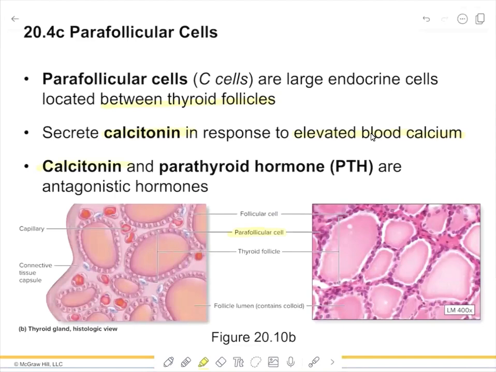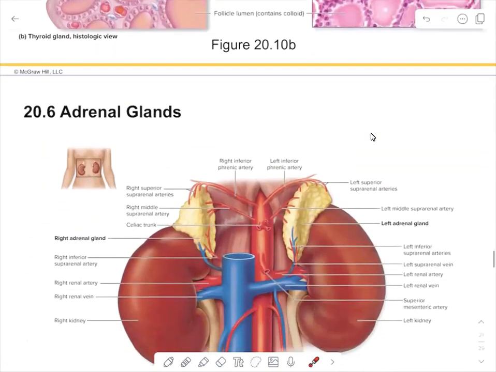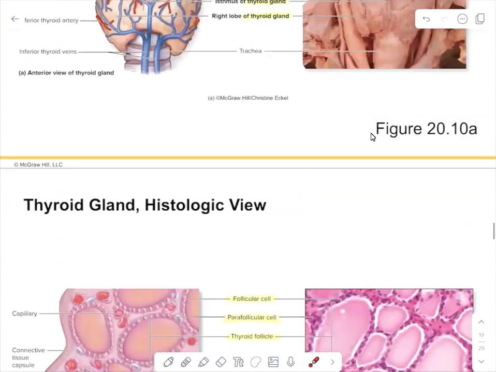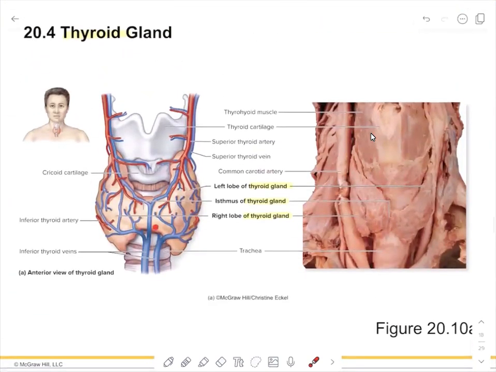So that means that calcitonin and parathyroid hormone are antagonistic hormones, even though parathyroid hormone is secreted from the glands which are on the posterior side of the thyroid gland. So if we go back and look at the thyroid gland and we were to flip it over to look at the posterior view, we would see parathyroid glands, which secrete the parathyroid hormone.